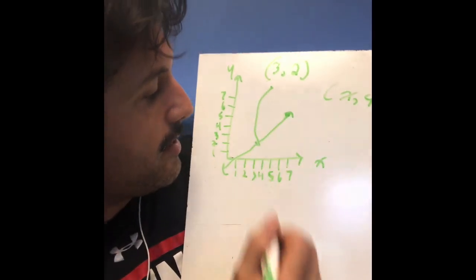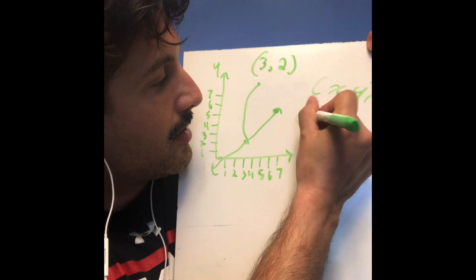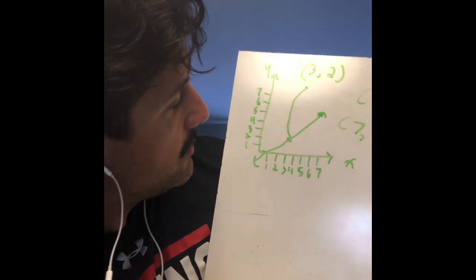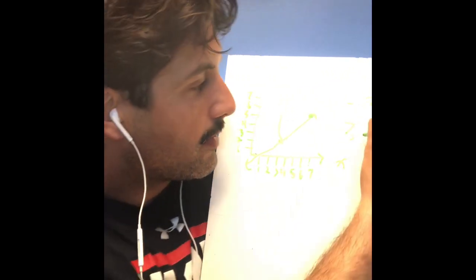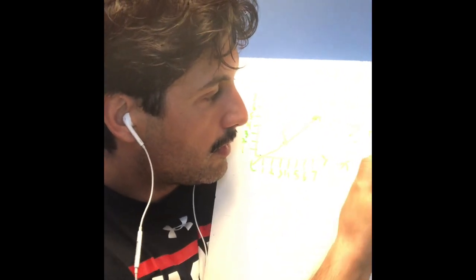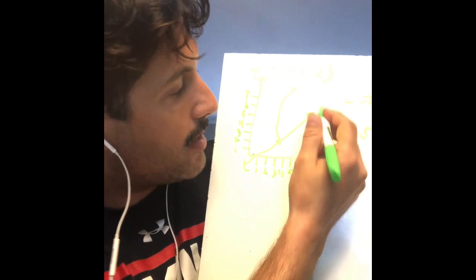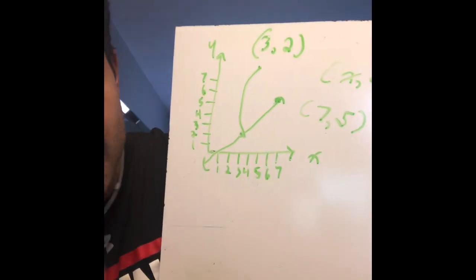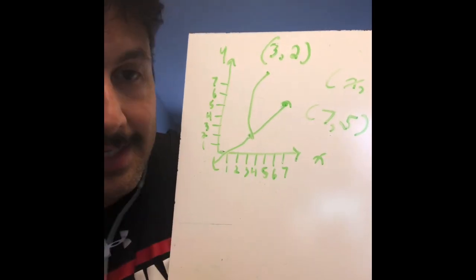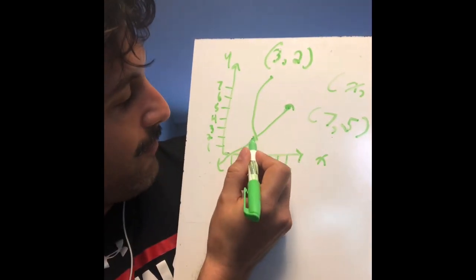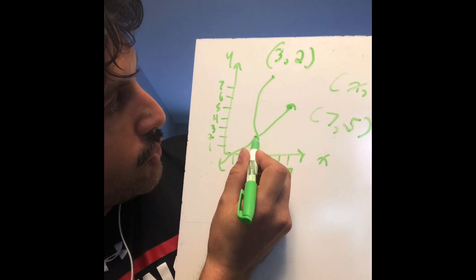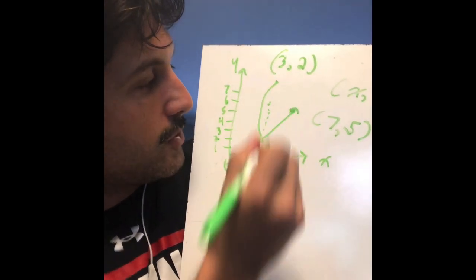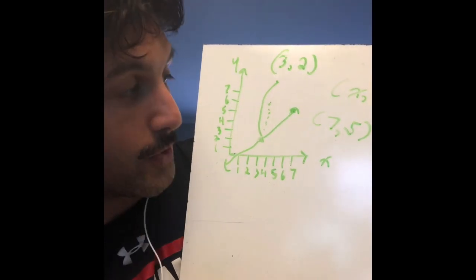And the next dot is at 7, and it looks like 7, 5. Across 7, up 5. So there's our 2 dots. What we need to do is figure out the rise. The rise from 2 up to 5 is a rise of 3.